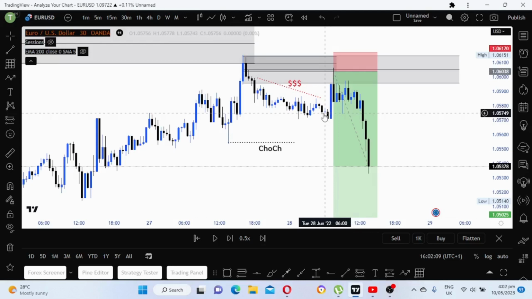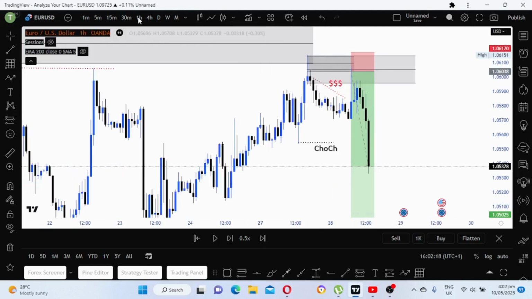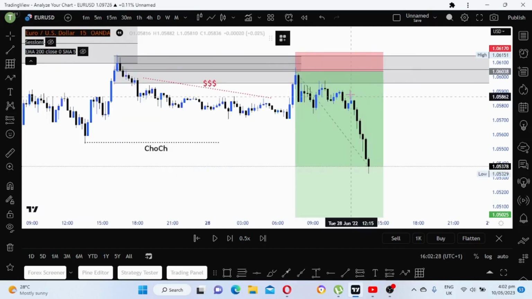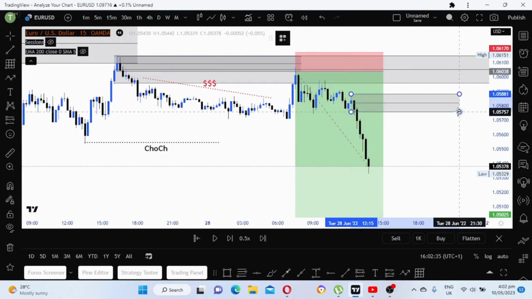So let's go to the H1 and watch what price does. Let me go back to the M15. If price comes back, I'll put up some extra zones, and I would also sell because there is a change of character already.